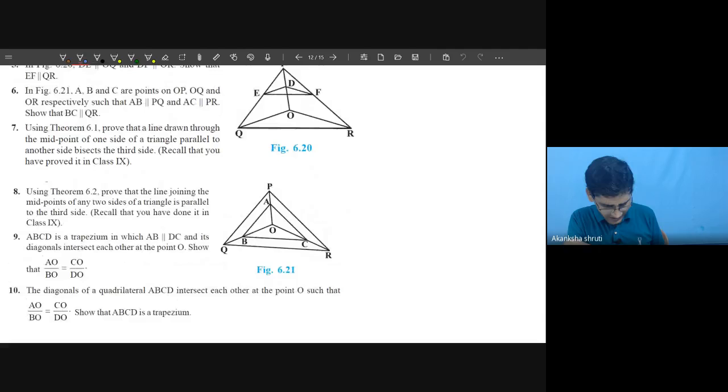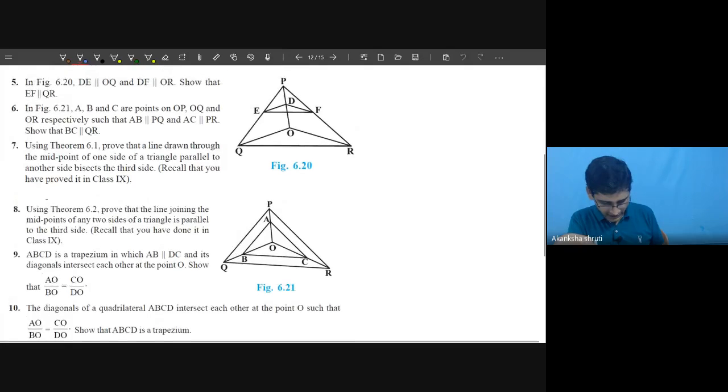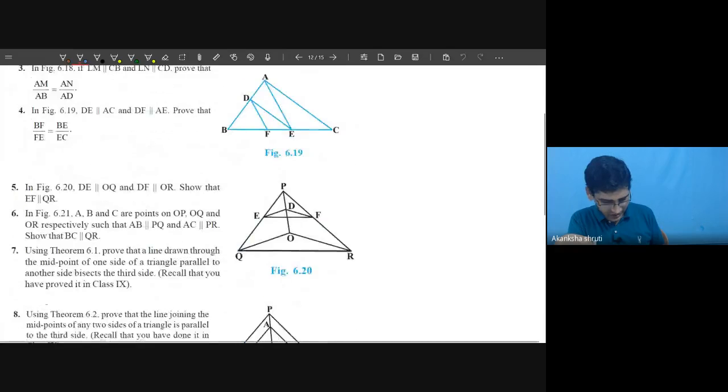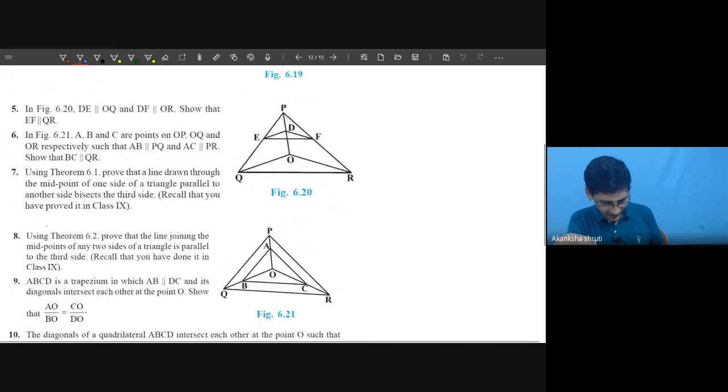The same concept everywhere. Student, you please try this. Next day we will continue with this, and yes, it is more than 10 o'clock, so we shall stop. We will continue and do the other theorem also. We need 2 more classes to finish this chapter. So please do this as homework.